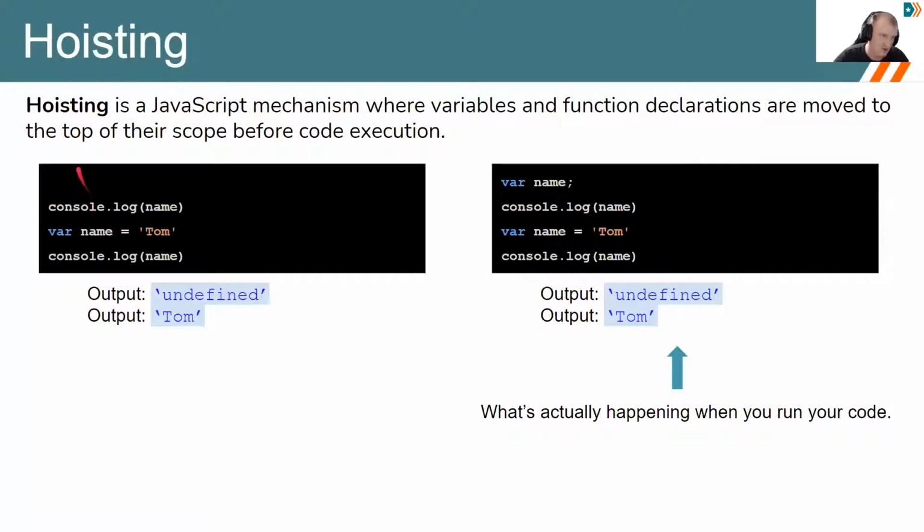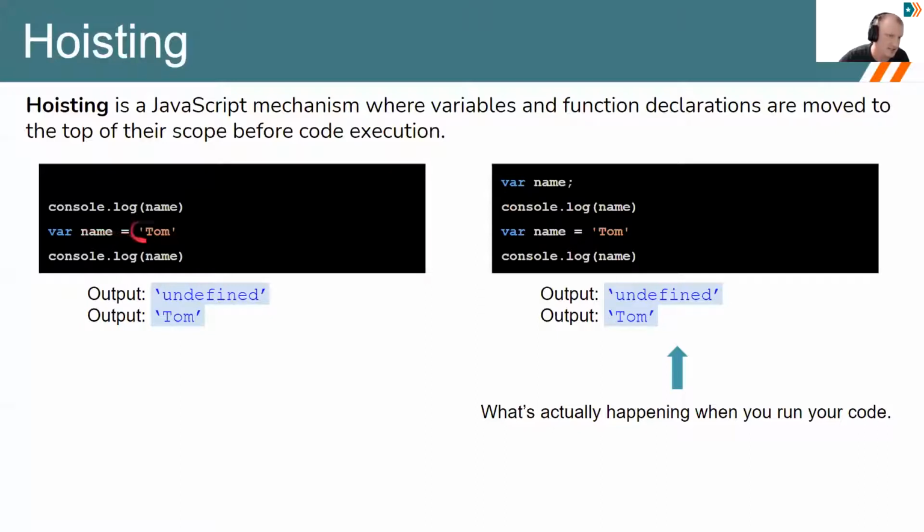So what happens here is hoisting. You can think about JavaScript doing pre-processing, maybe that's a better way to think about it. It previews your code real quick and says, hey, if I have anything that's a function name or anything that starts with var, I'm going to go ahead and, even though on this line where it says var name equals Tom, I'm technically declaring name as a variable and also initializing a value called Tom, the string.